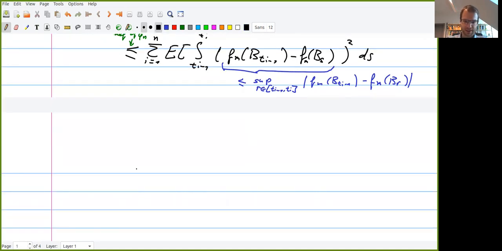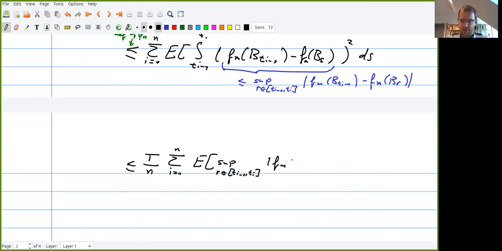And let's do this. So what do we get? The intervals here have the length t divided by n. This is the length of the interval. Then I have my sum from 1 to n of the expected value of the supremum over all r in t_{i-1} to t_i of this difference here.